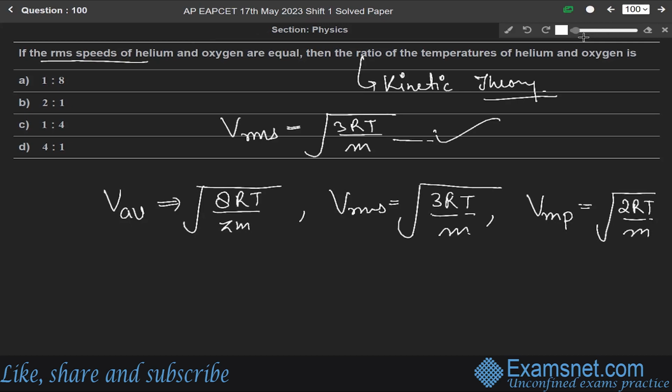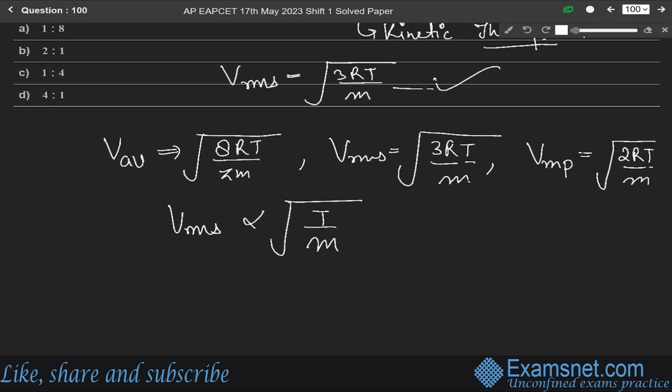Since 3 is constant, and R is the gas constant, it is constant. So this VRMS basically depends on what? Under root T over M. So by writing it for helium and oxygen, we can find the ratio of the temperatures for helium and oxygen.